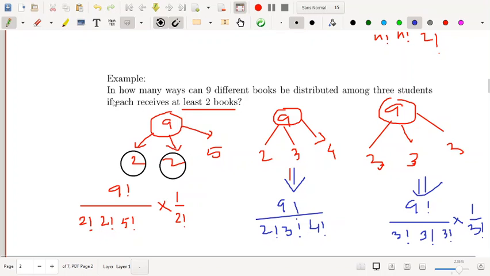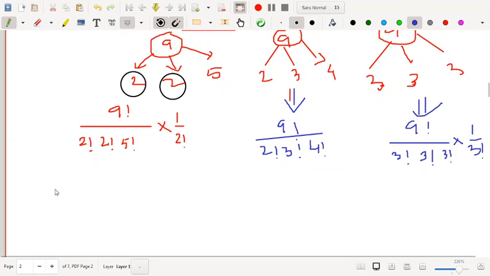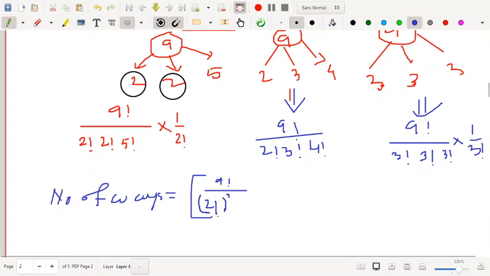So your final answer, the required number of ways, is equal to this whole thing: factorial 9 by factorial 2 whole cube into factorial 5, plus factorial 9 by factorial 2 into factorial 3 into factorial 4, plus factorial 9 by factorial 3 whole to the power 4.